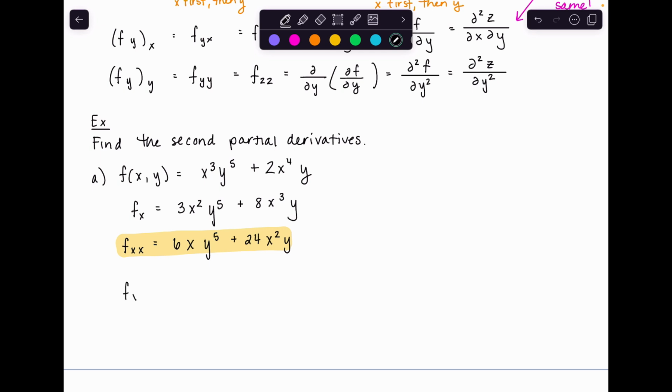So that is one of my second partials. Now I'll do the other one as well. We've got the partial with respect to x. Let's differentiate it with respect to y now. So these stay constant. Derivative of y to the 5th, we bring the 5 down. So that will be 15. X squared stays attached. And then we get y to the 4th.